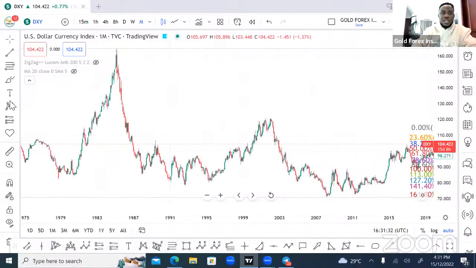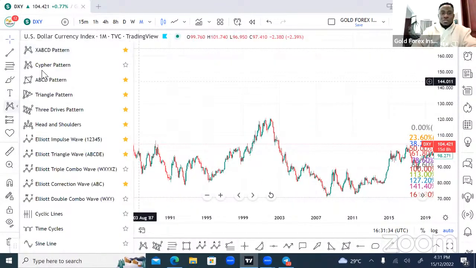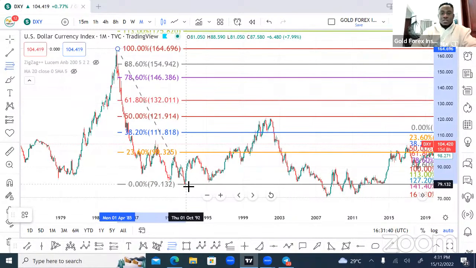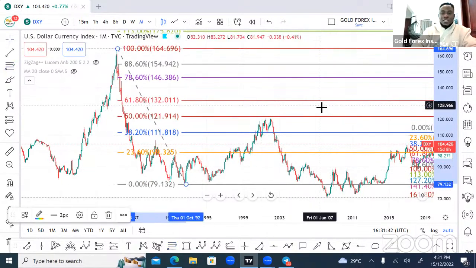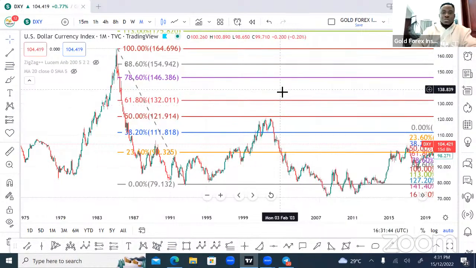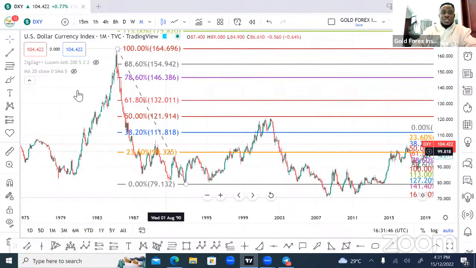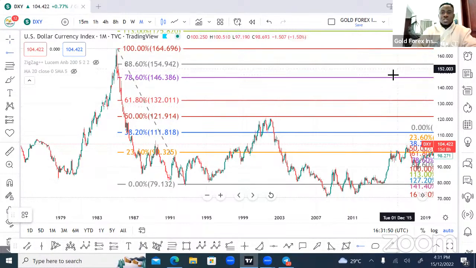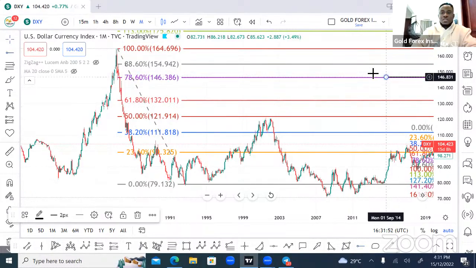You can see on the long term, we have a bigger harmonic pattern here, which is a shark or cipher pattern. Okay, so we are expecting DXY to get to this zone, 78.6.